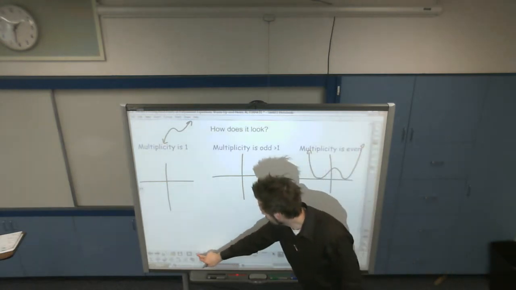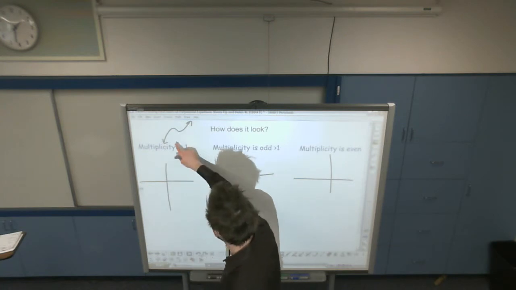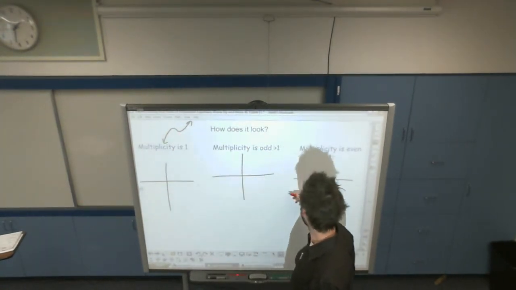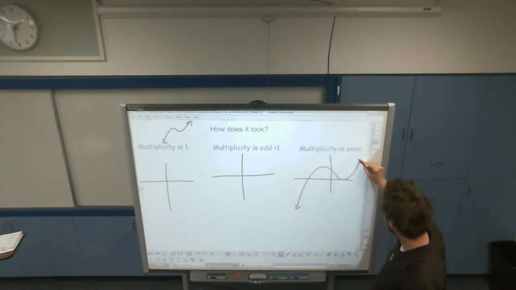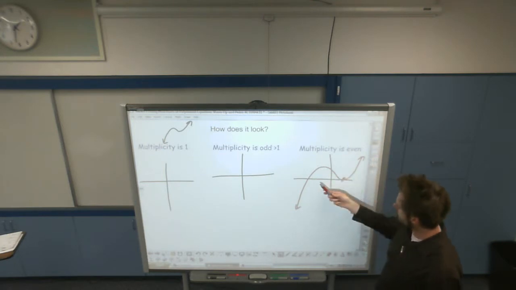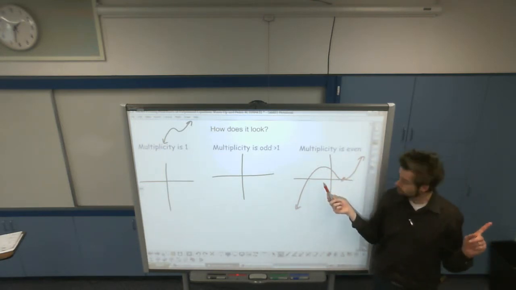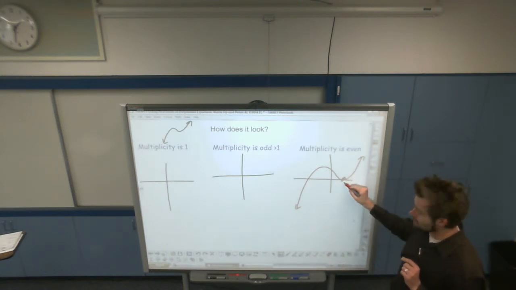That's fine. But you could draw an S-shaped curve, and you're always going to have one regular root, but then the other one could go like this, right? This one just flat out crosses. This would be a regular old root with a multiplicity of 1. But this guy right here would be an example of a root with an even multiplicity.